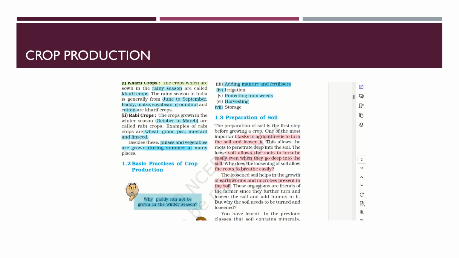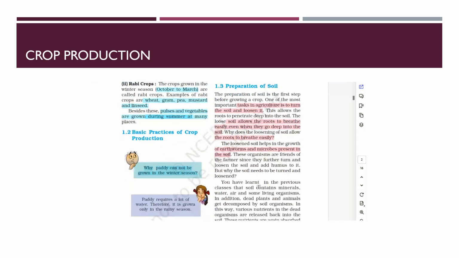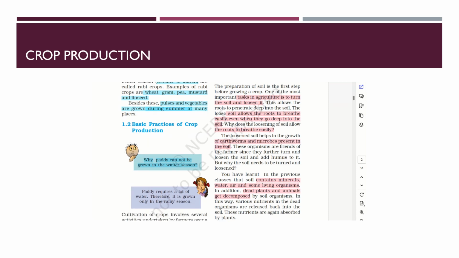We have already learned in previous classes that soils have minerals, water, air and some living organisms. In addition, dead plants and animals also get decomposed in the soil by certain soil organisms, and in this way various nutrients in the dead organisms are released back into the soil, and these nutrients are again absorbed by the plant.